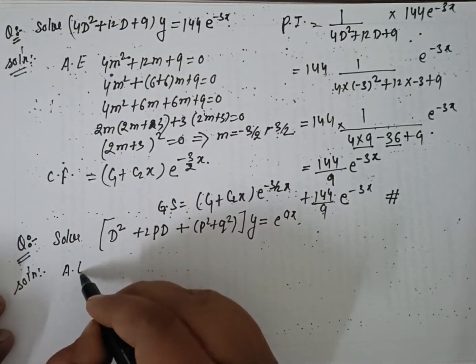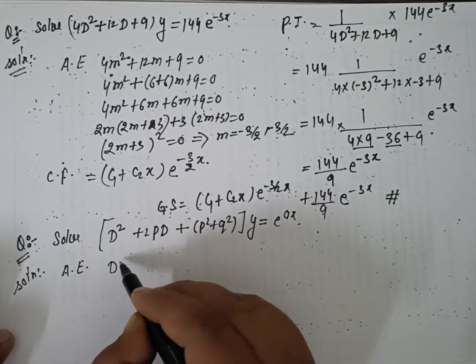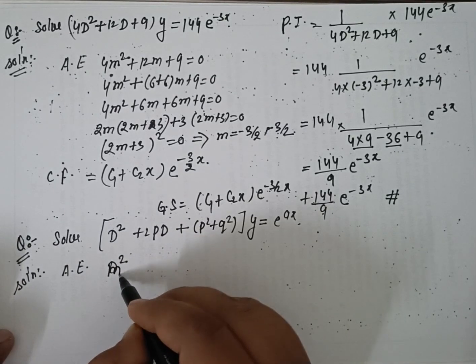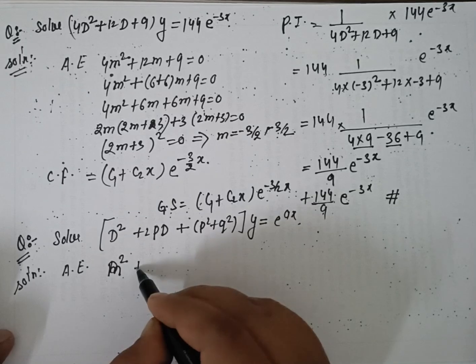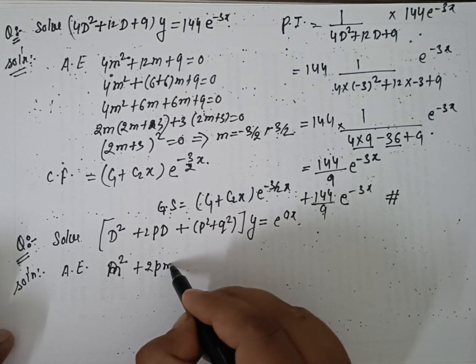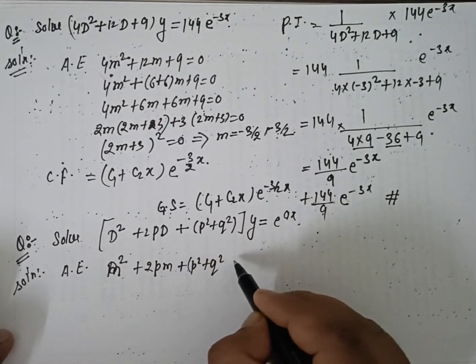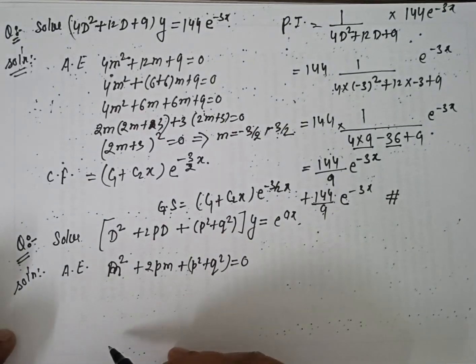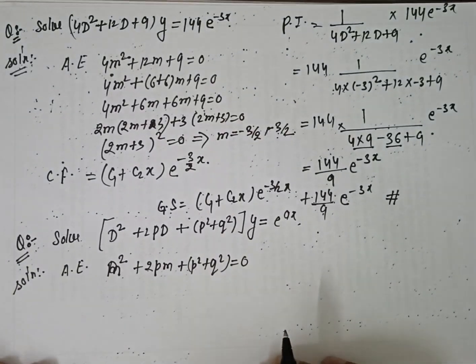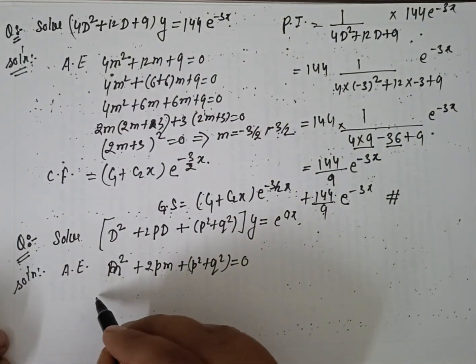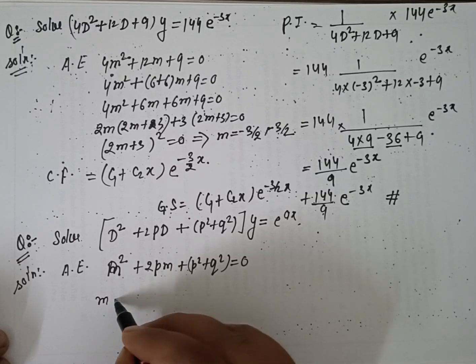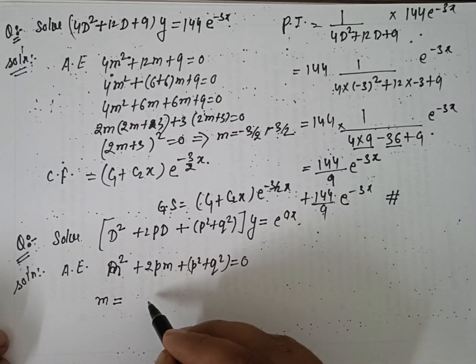First we write the auxiliary equation. The auxiliary equation will be m² + 2pm + p² + q² = 0. Now it is a quadratic in terms of m, so you can apply the Sridharacharya rule.